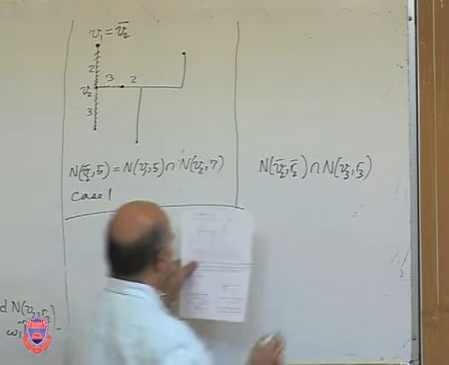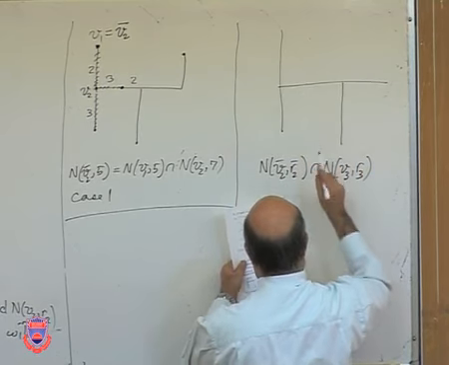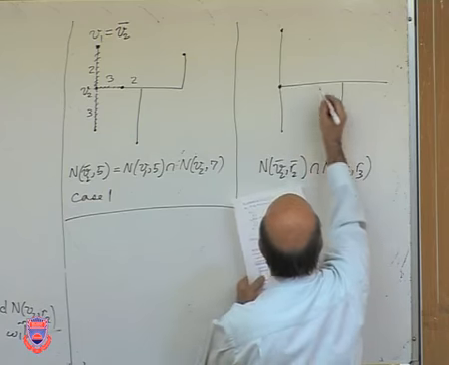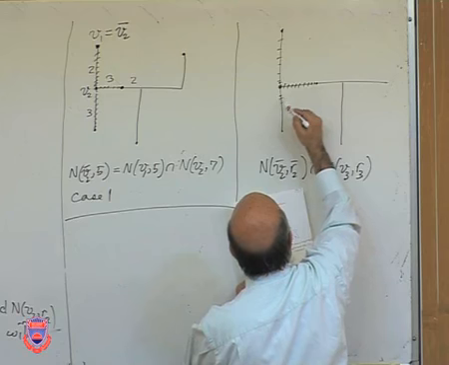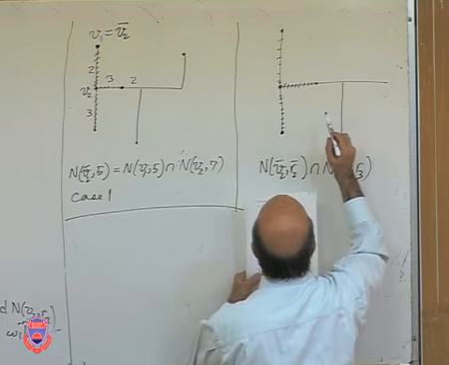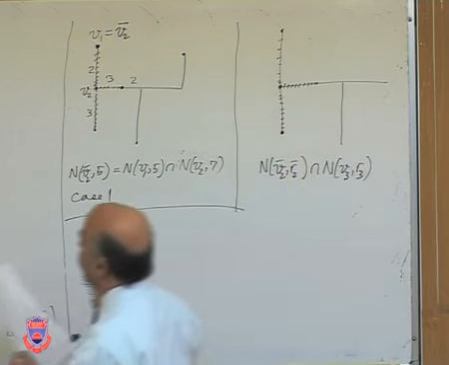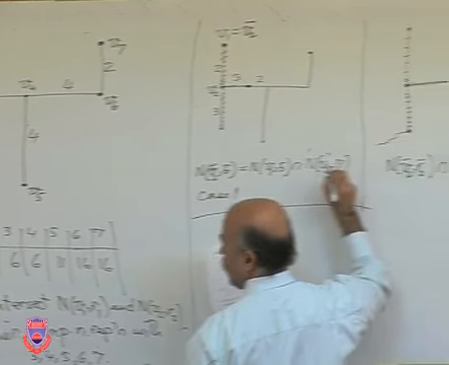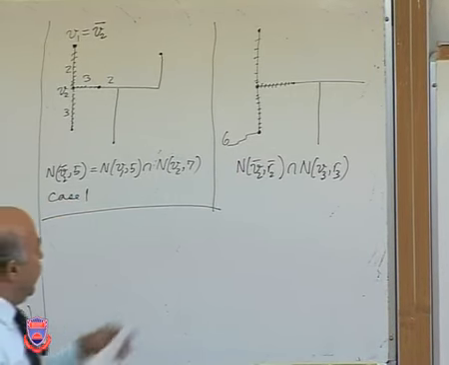That's what I'm going to do. V3 is, that's 6. Yes? That's V2 bar.